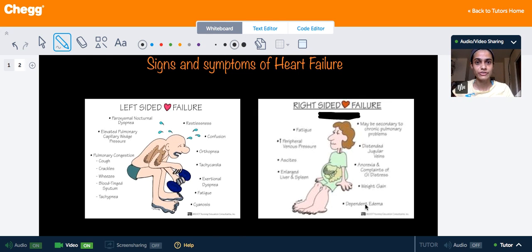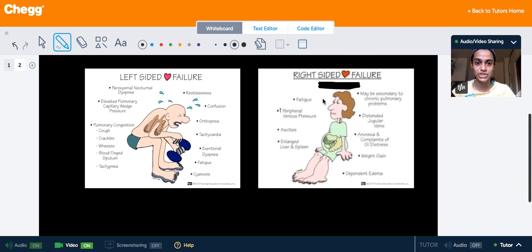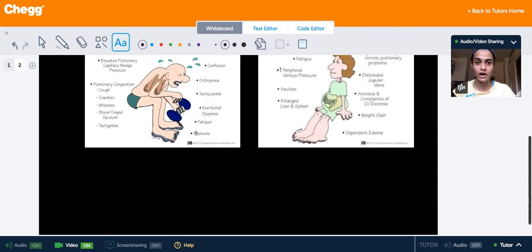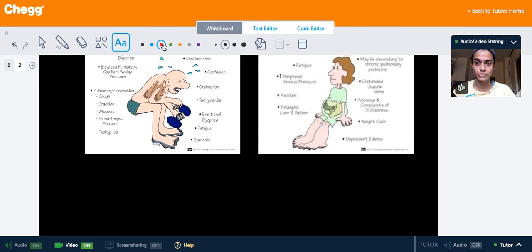Sometimes the right ventricle failure can occur as a result of a disease that starts in the lungs, like I said, fibrosis or a tumor or pulmonary hypertension. This has another word for it, and this is called Cor Pulmonale, which was written right here, but I erased it because not all types of right-sided heart failure are going to be Cor Pulmonale.